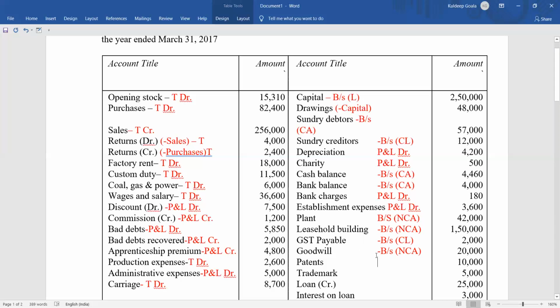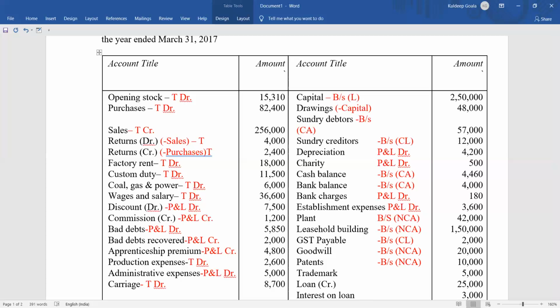Then coming to the next one, again it is a patent. What is patent? Patent means the formula or the technique that you have purchased from some scientist or engineer who is well known. Once they have developed those formulas, you can buy their formula and know-how and use it in your business. Whatever investment you make in that will be called patent.